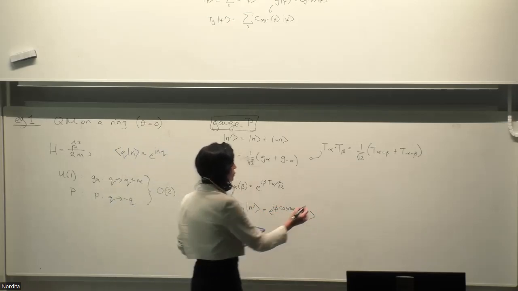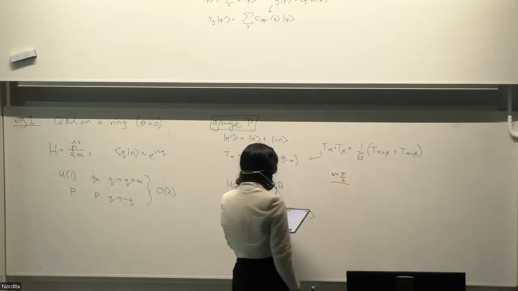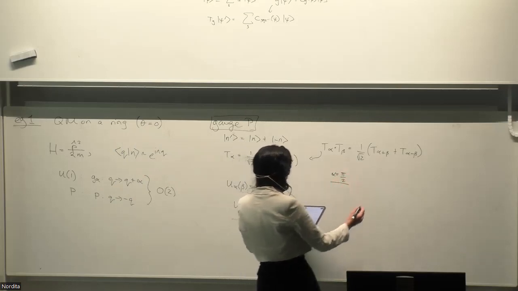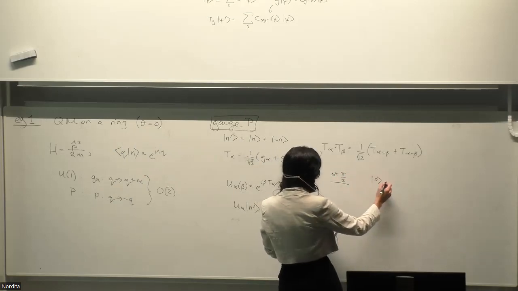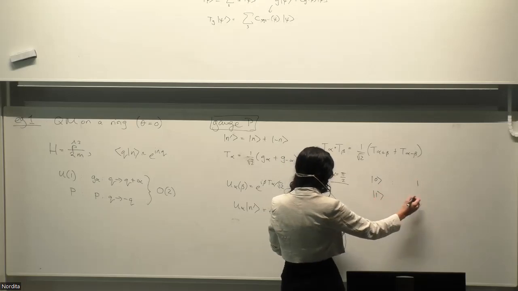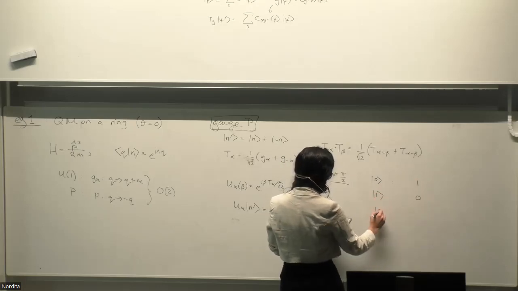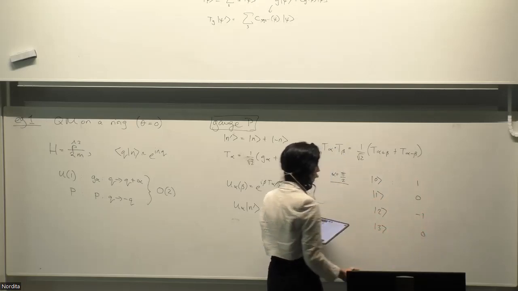One nice example is alpha equals pi over 2. Then states with n equals 0 mod 4 have charge 1, 1 mod 4 have charge 0, 2 mod 4 have charge -1, and 3 mod 4 have charge 0.